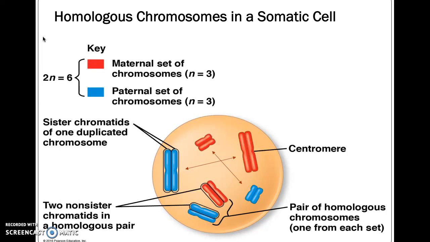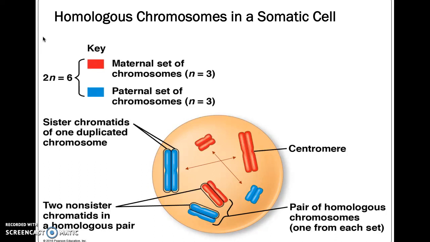Now, this nucleus, the DNA or the chromosome, has been duplicated. So you can see it's glued to another piece. Sometimes it's going to be drawn as an X. So when it is duplicated and held together by a centromere, that is going to be called a sister chromatid.